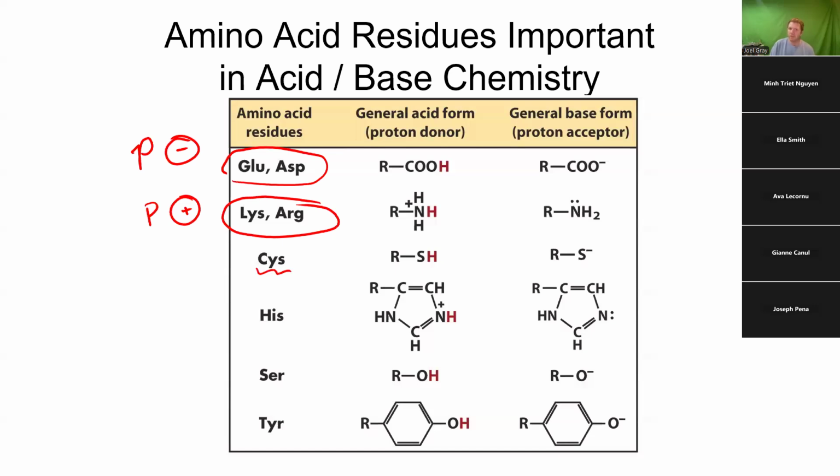Cysteine, well, with that thiol, that can act as a proton donor. It can act as an acid, and sometimes it can act as a base. Histidine, oh man, histidine we classify as a polar positive, but one of the things that you see on your test, but also I mentioned this one before, and I think that it's good biochemical trivial knowledge.